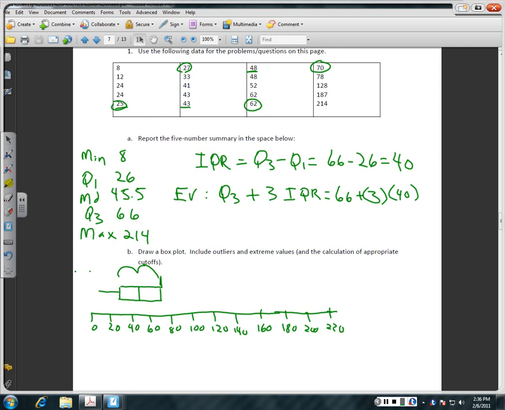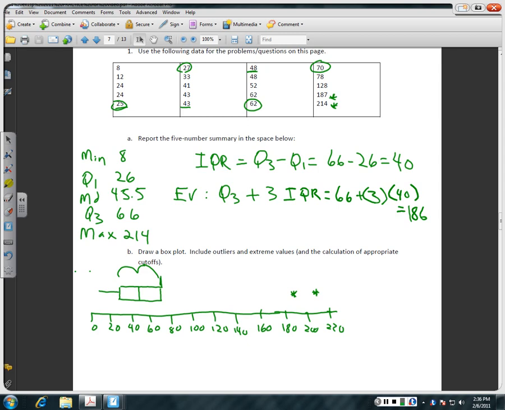That's going to be 186. That means that the 187 and the 214 are extreme values, and I'm going to go ahead and plot those on here. 214's around there, 187 maybe about there.